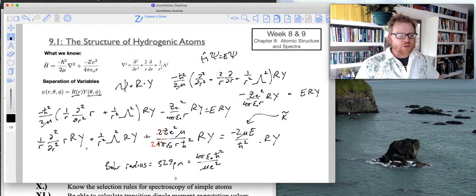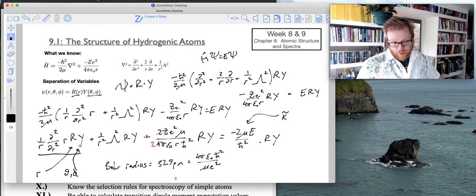And I'll also remind you, when I look at a term like this, let's focus on this term: Y is only dependent on theta and phi, whereas R is dependent only on r. So in this term, my Y term, I can take out in front because I don't have to worry about taking the derivative of Y with respect to r, because Y is only dependent on theta and phi.